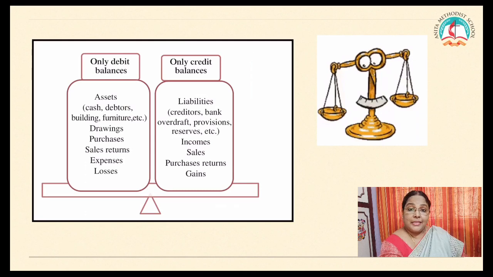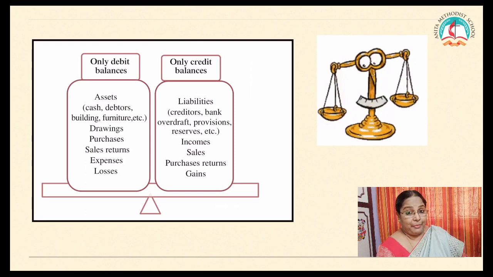Assets will always have a debit balance, whereas liabilities will always have a credit balance. Drawings, what is drawings? The amount taken by the proprietor for personal use.